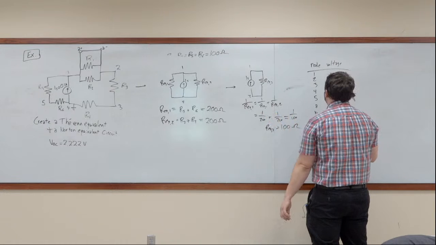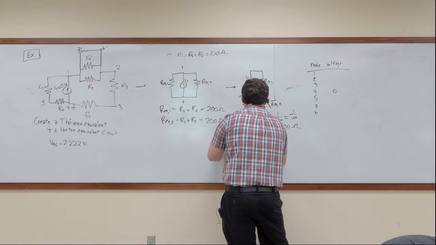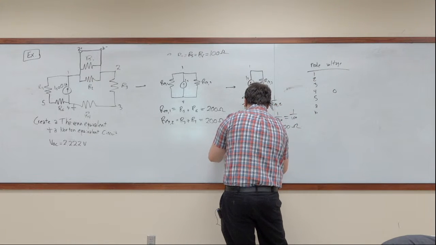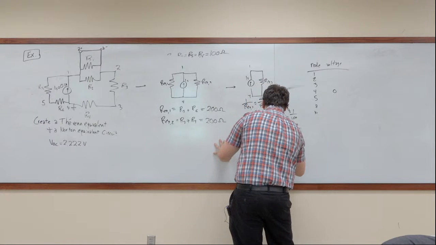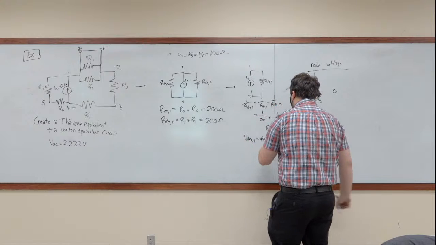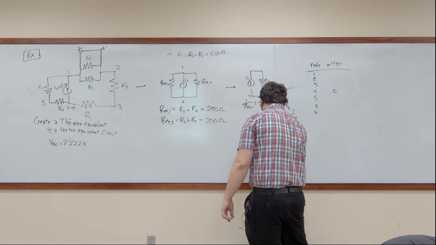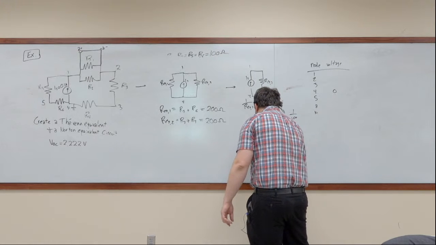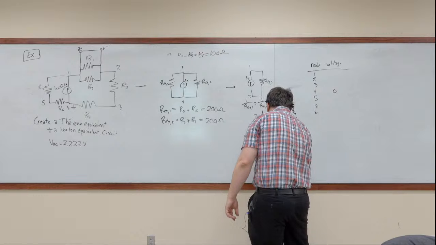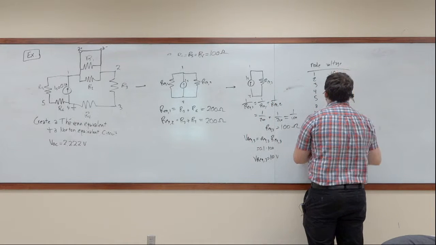We can now calculate what node voltage 1 is, okay? So VREQ3 is equal to IREQ3 times REQ3. We know this value, we know this value. So we plug in 0.1, we multiply that by 100, and we get VREQ3 is equal to 10 volts. Okay, so I'm going to go ahead and write that in right there.